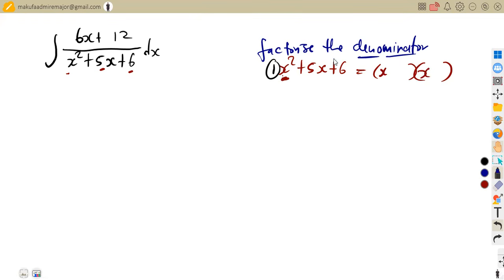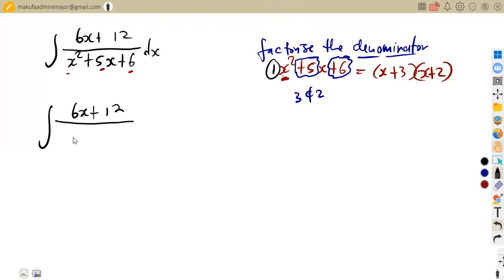So ask yourself, what are the factors of 6? These factors of 6 should add up to 5. So we've got 3 and 2, or 2 and 3. So this whole integral that you're given was supposed to be 6x plus 12 over x plus 3 into x plus 2, with respect to x.